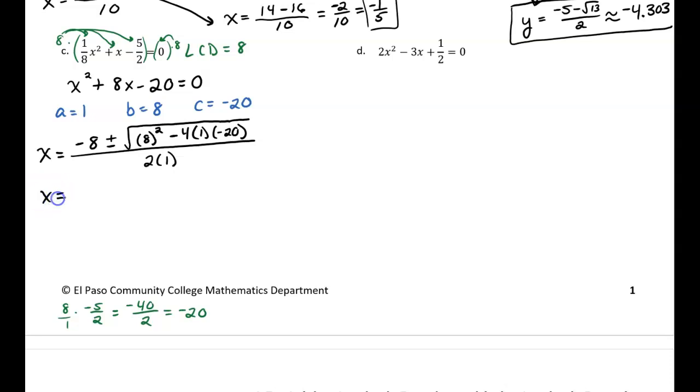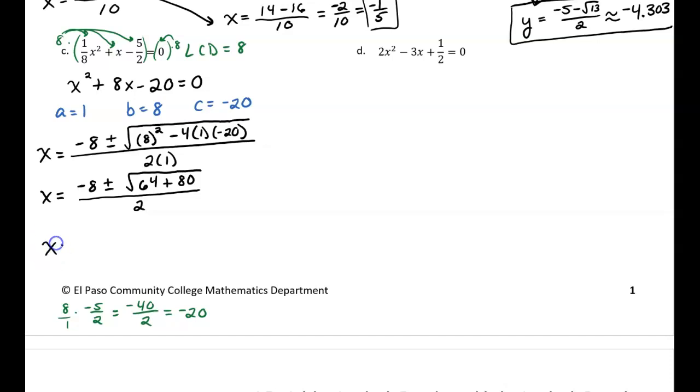Okay, it's looking good. Filled everything in. Now comes the order of operations. So I'm going to work on the inside of my square root here. 8 squared is 64. This negative with that negative is a plus. So 4 times 1 is 4, times 20 is 80, all divided by 2.